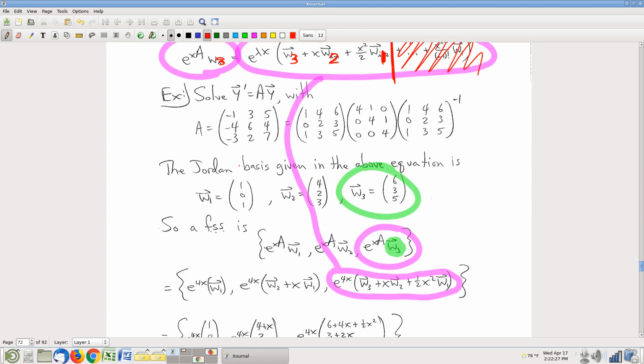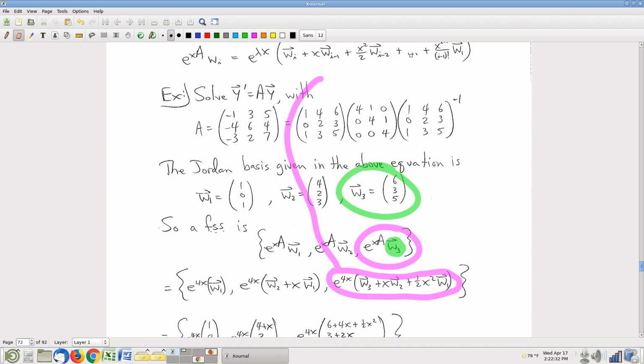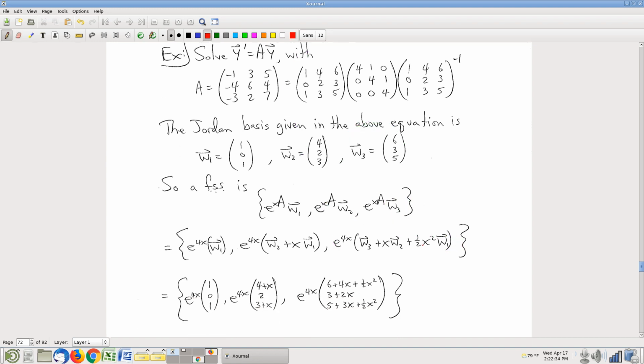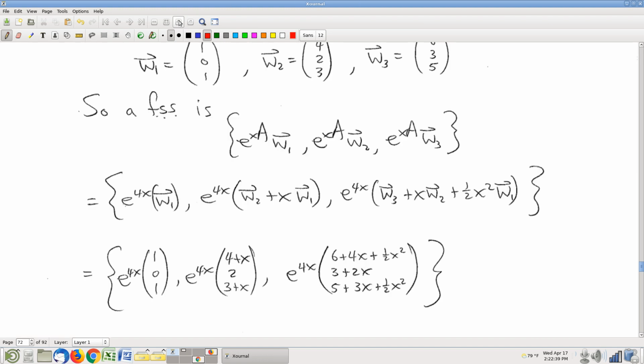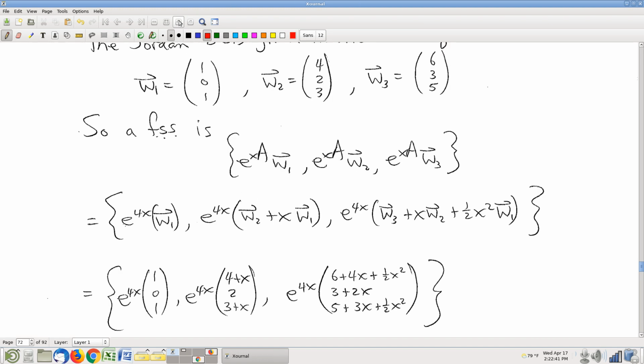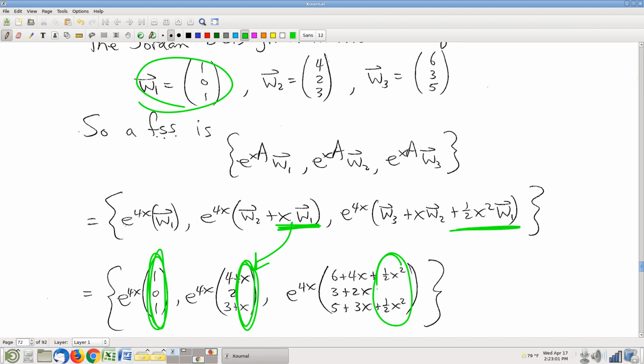Okay. Now, is this helpful to us? Is this a win for us? Well, look how easy it is now to plug in and see the actual solutions. We know what the Jordan basis vectors were. We saw previously that this first Jordan basis vector was 1, 0, 1. All right, you can see the 1, 0, 1 multiplied by x there. You can see the 1, 0, 1 being multiplied by 1/2 x squared there.